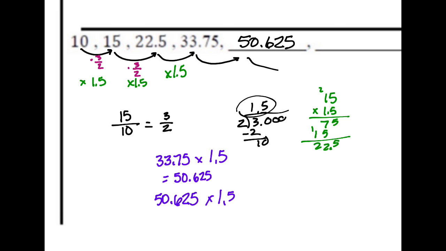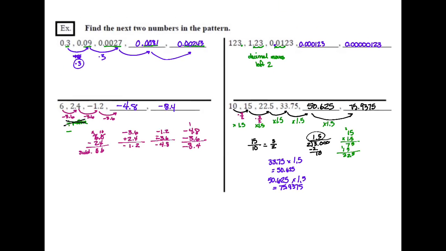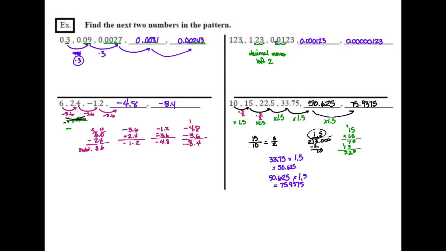Because this process is going to happen again, and it's times 1.5 each time. So down here, when I do this last part on a calculator, we end up with 75.9375, which is our answer. Okay, so there you go. So you have to figure out whether you're adding, subtracting, multiplying, dividing. Watch your signs and watch your decimals.